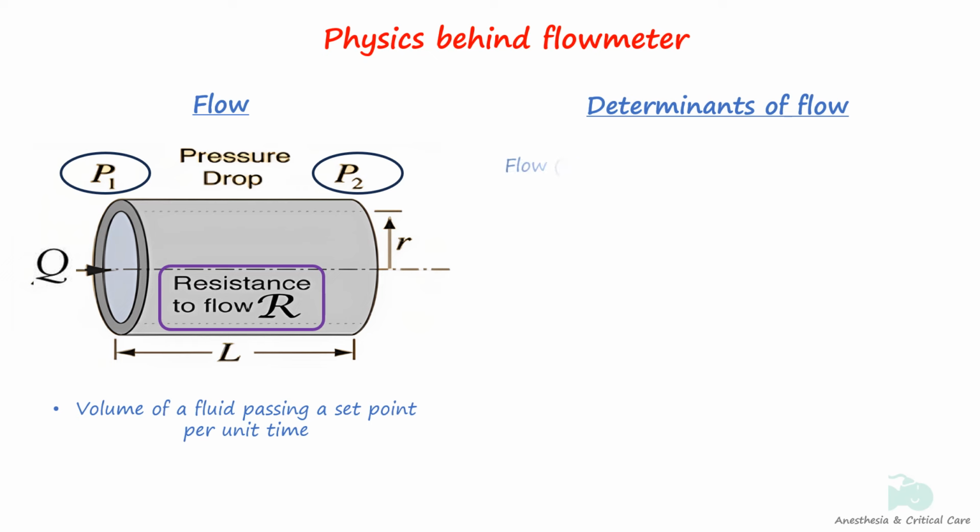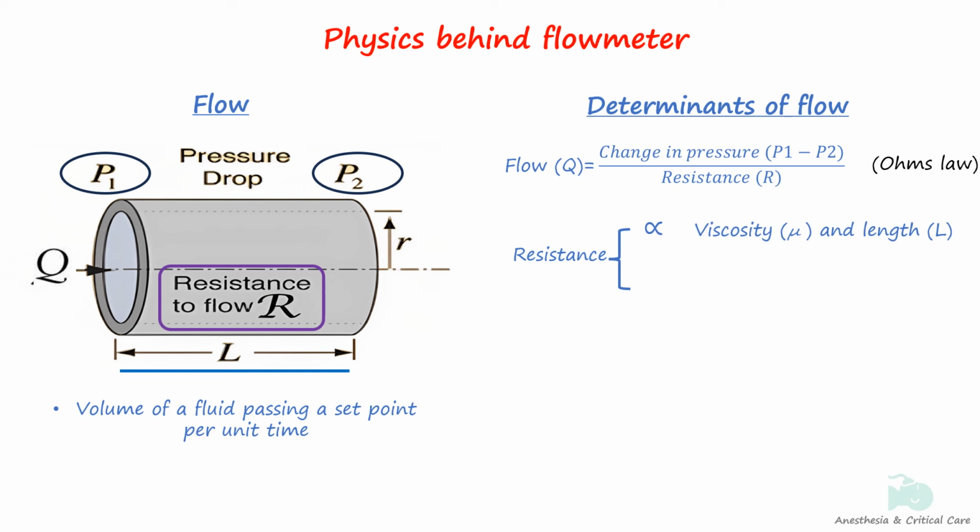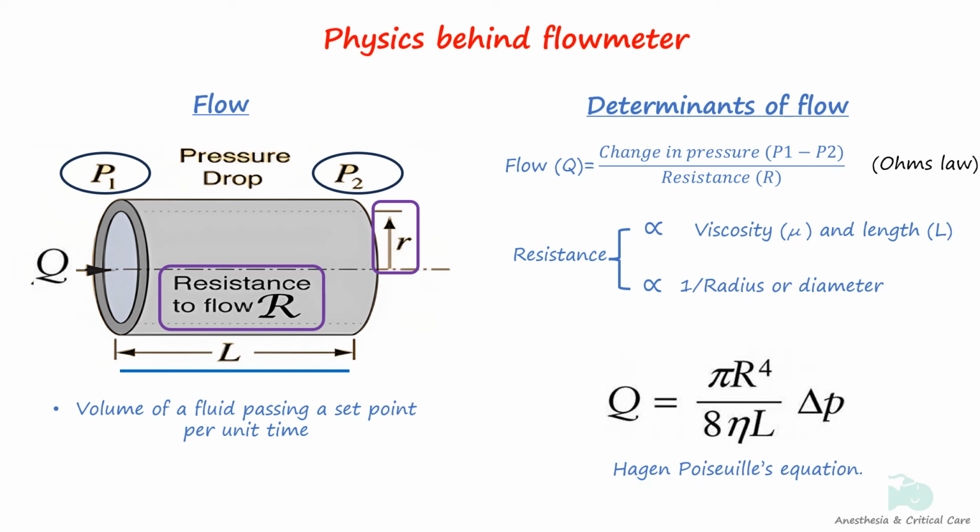This relationship is like Ohm's law, where flow is determined by the pressure difference between the two ends of the tube and resistance. Resistance is further dependent on viscosity of the fluid, length of the tube and the radius or diameter of the tube. This relationship is explained by Hagen-Poiseuille's equation.